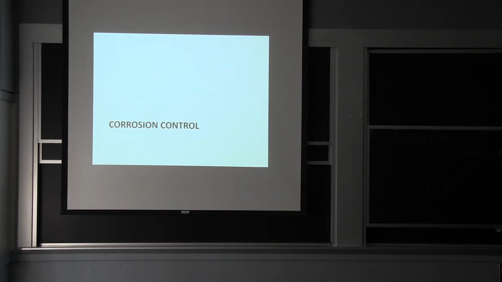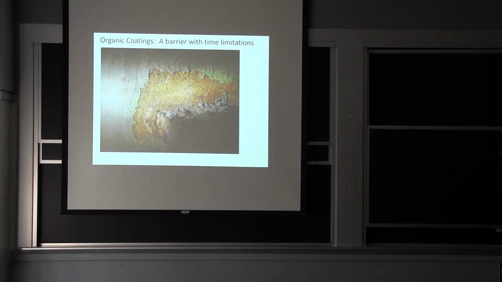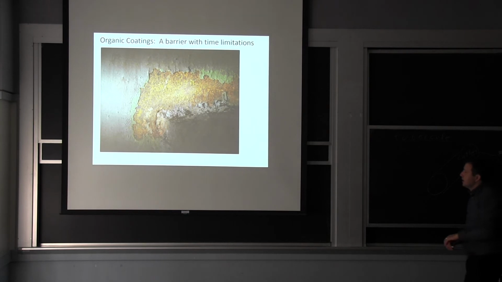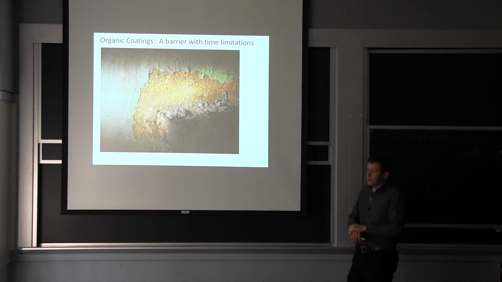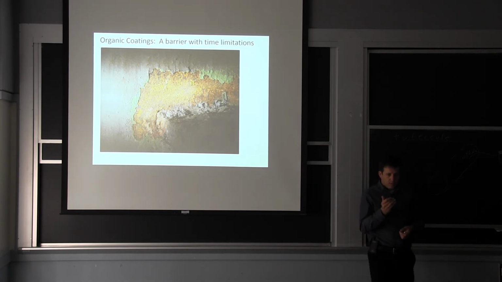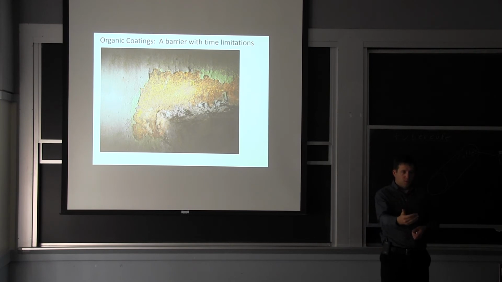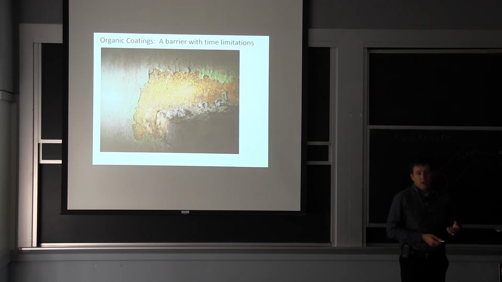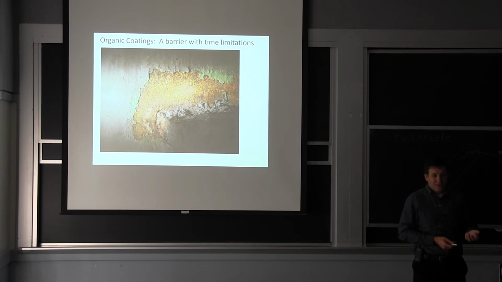Controlling it, we talked about organic coatings already. I think you can tell there are limitations. And the main limitation is, just like I said, thinking about the time it's going to take for moisture to get to the interface between your coating and the steel in this case. So if you're using a hard epoxy and you manage to bond it, you can get up to 20 years.